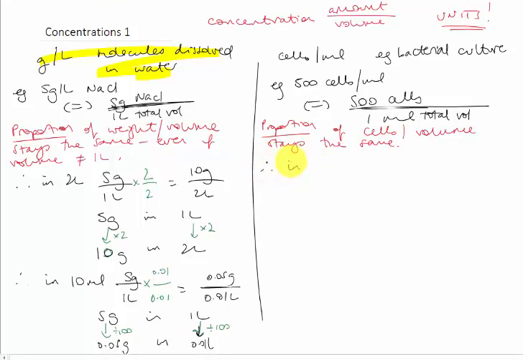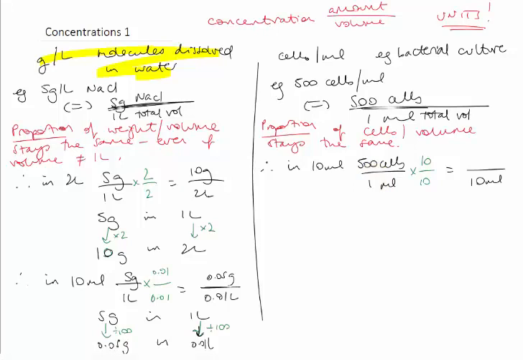Let's say in 10 millilitres of this culture, so if we've got 500 cells in 1 millilitre, and we want 10 millilitres, 10 is 10 times bigger than 1, so we have to do 10 over 10. This is because this keeps the proportion the same, so that gives us 5,000 cells in 10 millilitres.